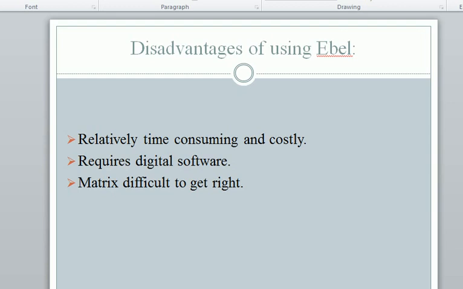It means it is difficult to make a matrix of so many items having two criteria at a time: number one, difficulty level, and number two, relevance level.